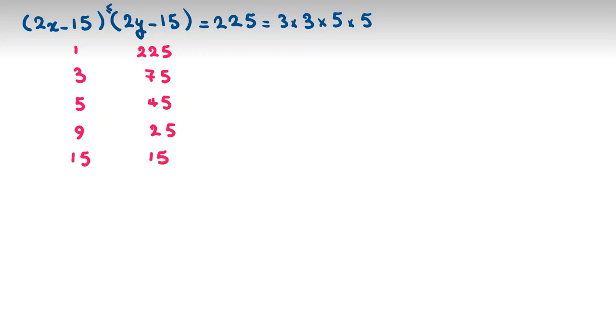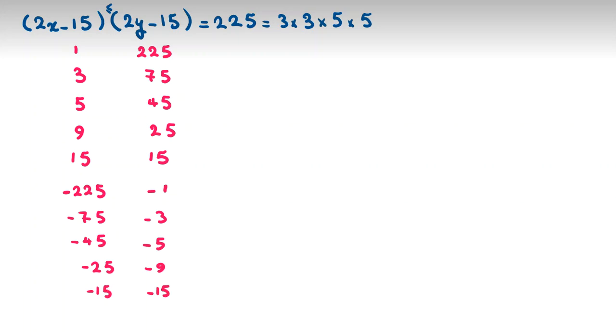And the number of divisors here is 3 times 3, 9: 1, 2, 3, 4, 5, 6, 7, 8, 9. Okay, so we found these answers. Now, for the negative part, the first term is less than or equal to the second term: negative 225 and negative 1, negative 75 and negative 3, negative 45 and negative 5, negative 25 and negative 9, negative 15 and negative 15.